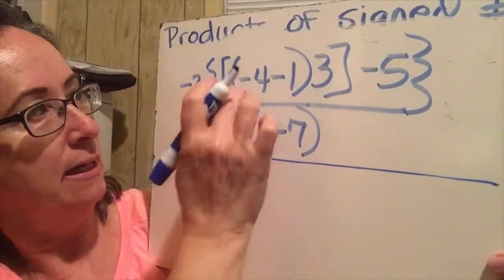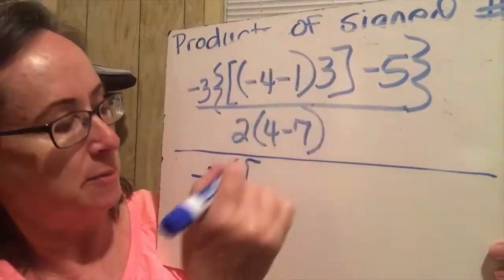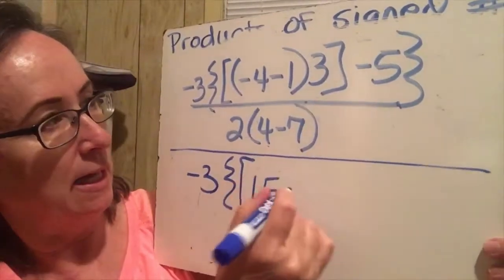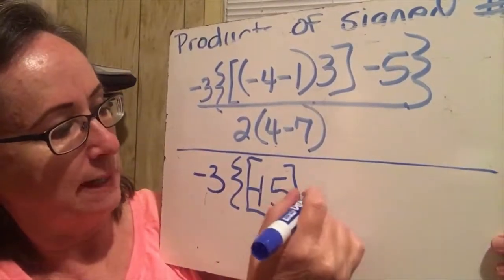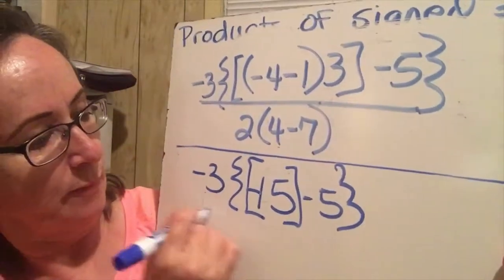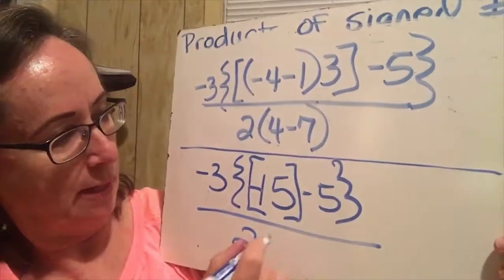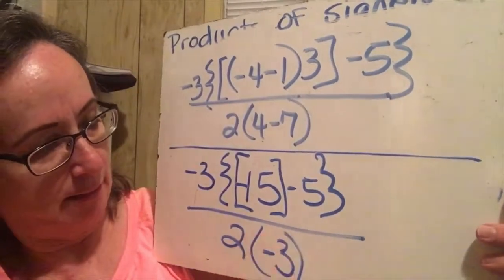And then we have this right here, bracket. -5 times 3 is -15. Negative -5 brace over 2 times 4 minus 7 is a -3.